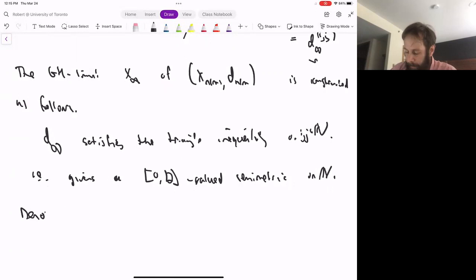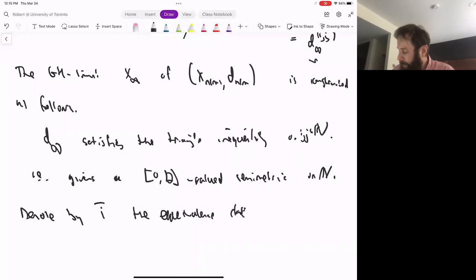So denote by i bar the equivalence class of natural numbers at 0 distance from each other.